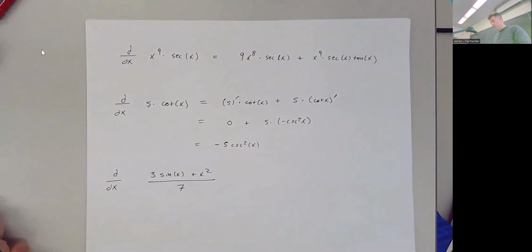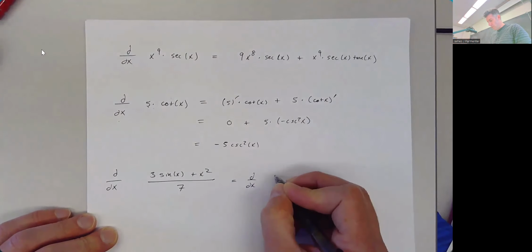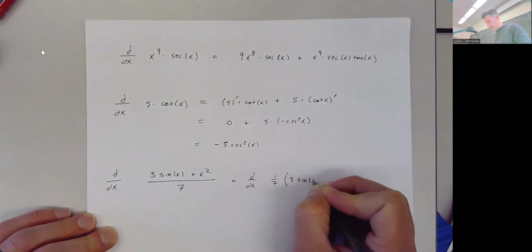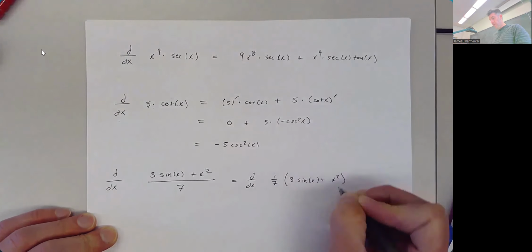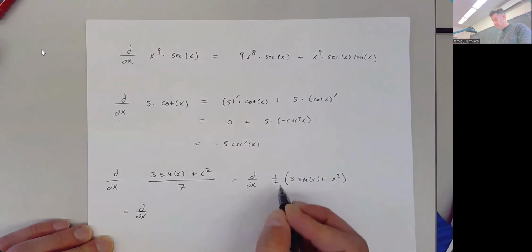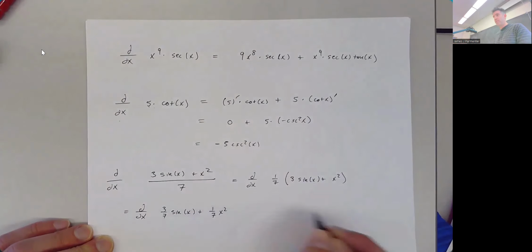Because really, we should think of this as the derivative of 1/7 times 3 sine of x plus x squared. Or if you prefer, even distributing the 1/7 and writing it as the derivative of 3/7 times sine of x plus 1/7 times x squared.